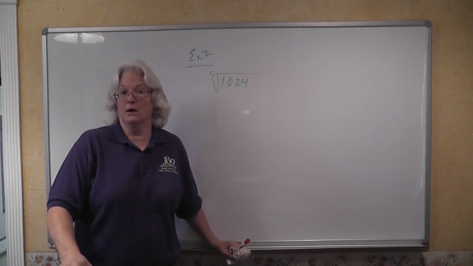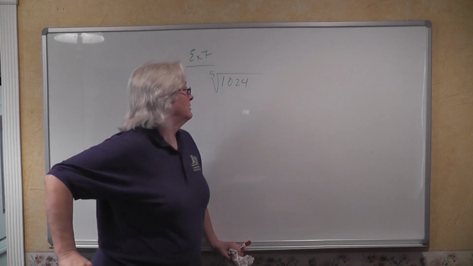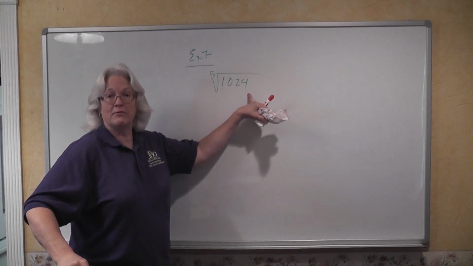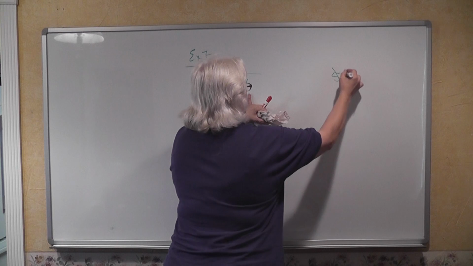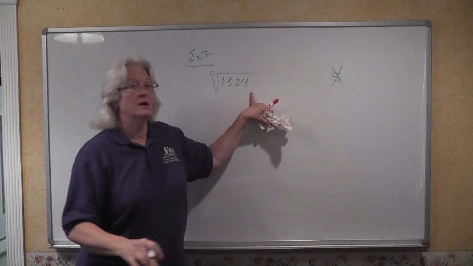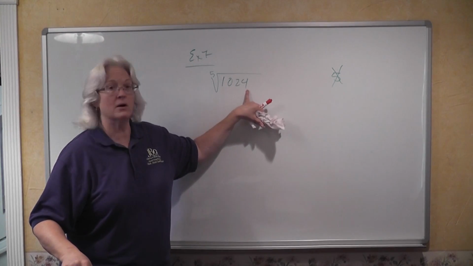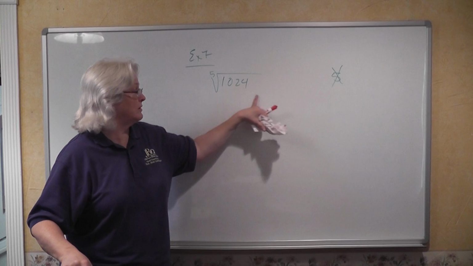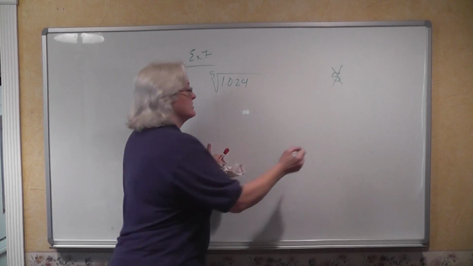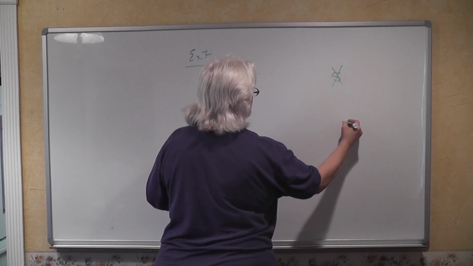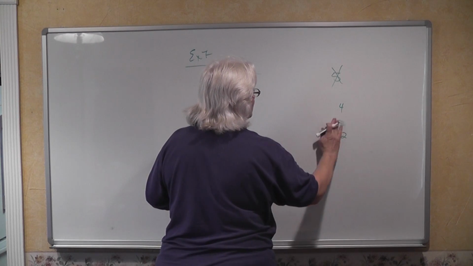Now we already know that it can't be 5, right? How do we know that? It can't be 5 because the number here, 1024, doesn't end in 5. So you could have 2, 3, or 4.